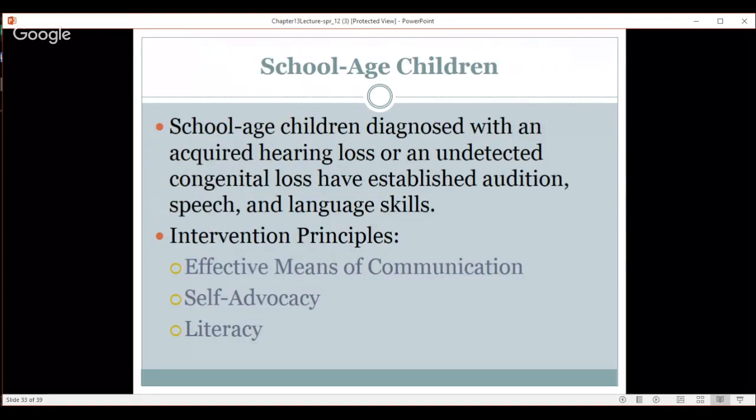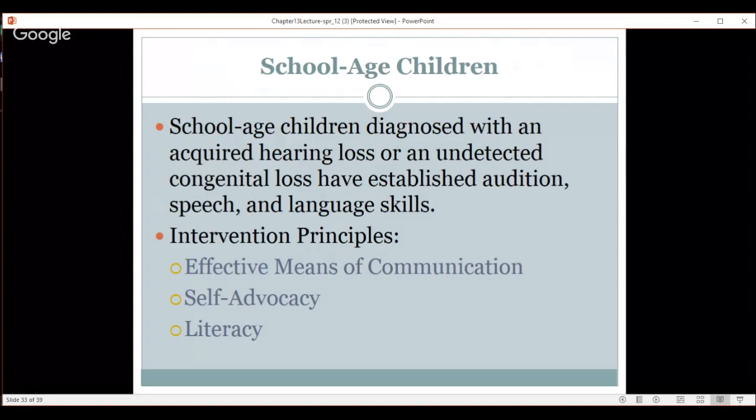For school-age children who are diagnosed with an acquired hearing loss or an undetected congenital loss, who have established audition and speech and language skills, there are intervention principles that can be put in place to make sure that there is an effective means of communication.